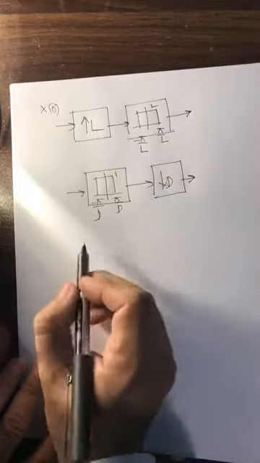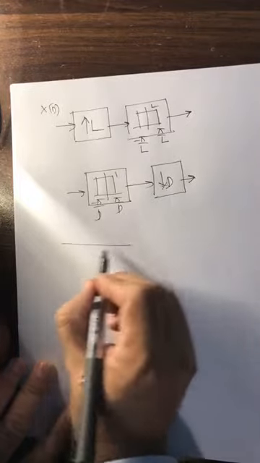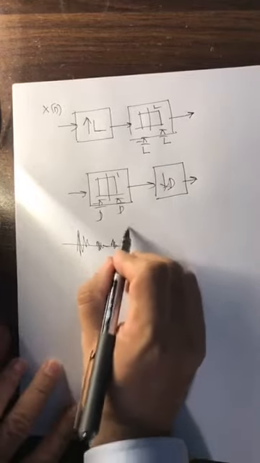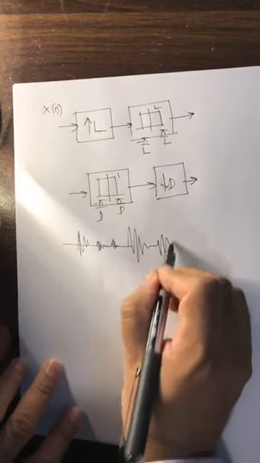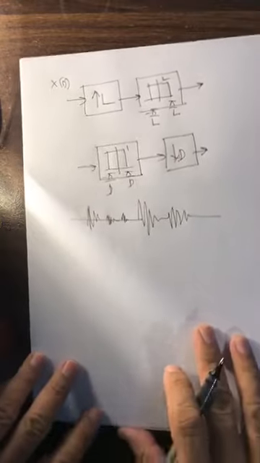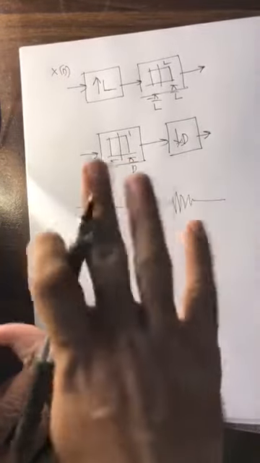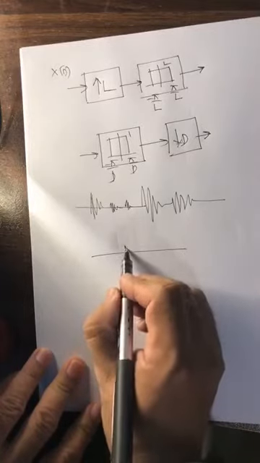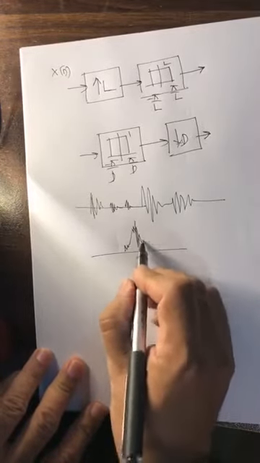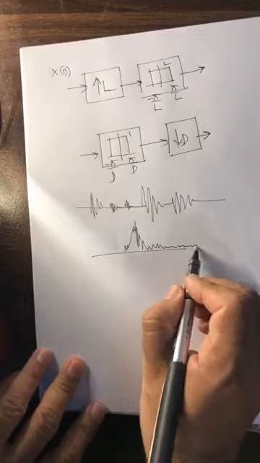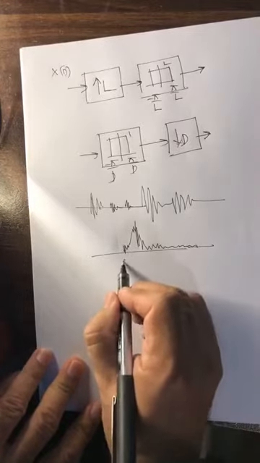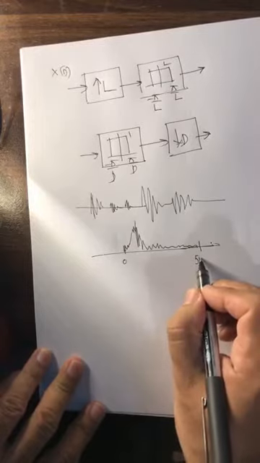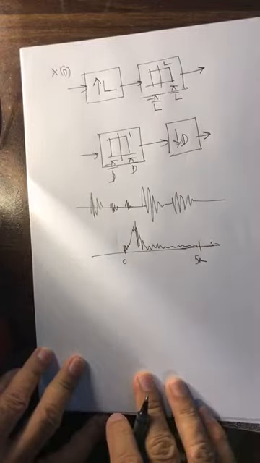But for that, you looked at the spectrum. It was welcome to DSP1. Okay, this was the time domain signal. But once you looked at the signal in frequency domain, it was something like this, from 0 to 5 kilohertz.